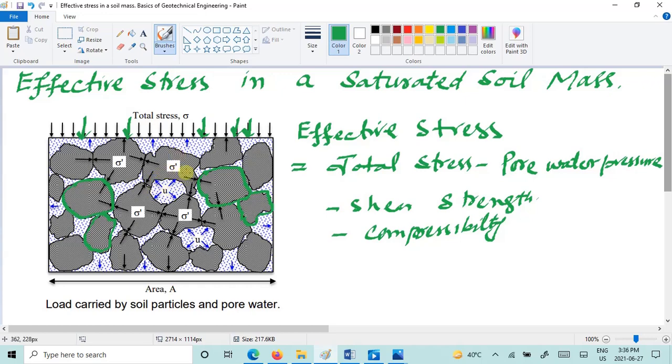Those stresses are known as the effective stresses, or the stresses which are taken by those solid granular particles.